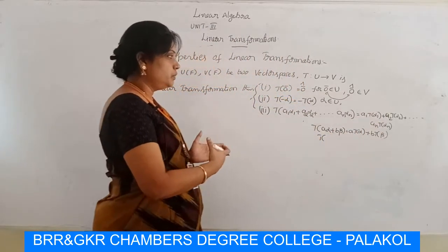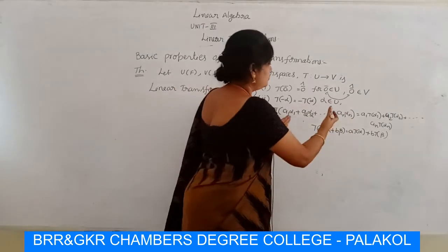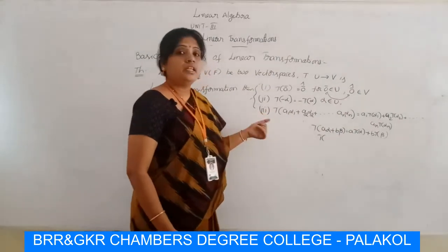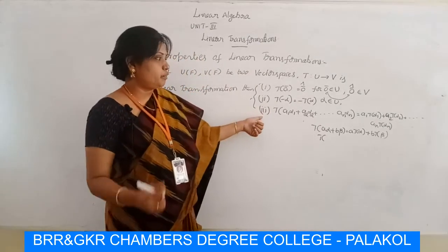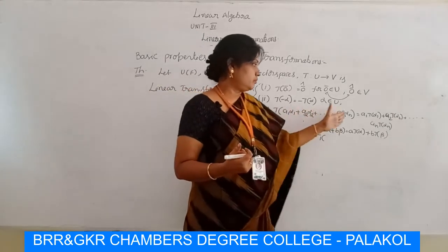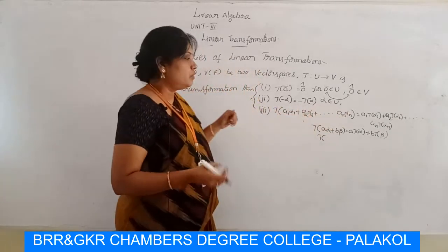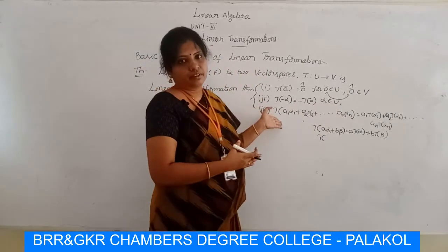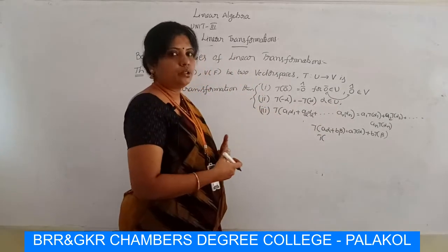So we have to prove this condition. We take the left hand side. Here we prove this condition by mathematical induction. Here we have n vectors. So first we have to prove for n equal to 1. This statement is true for n equal to 1. Similarly n equal to 2.